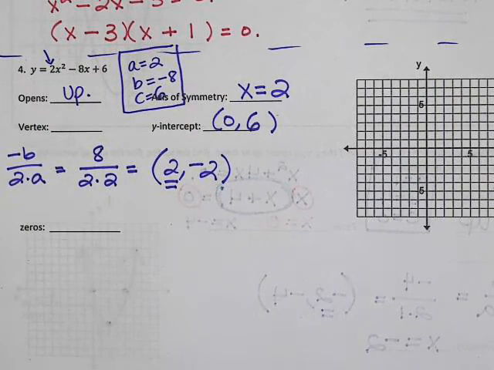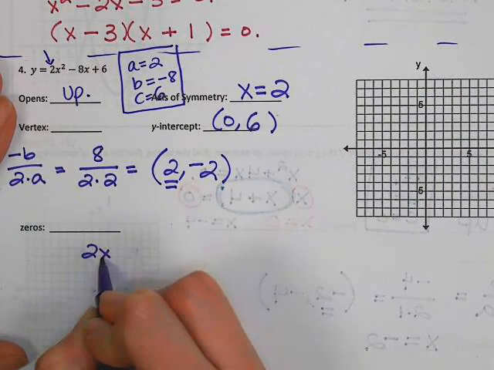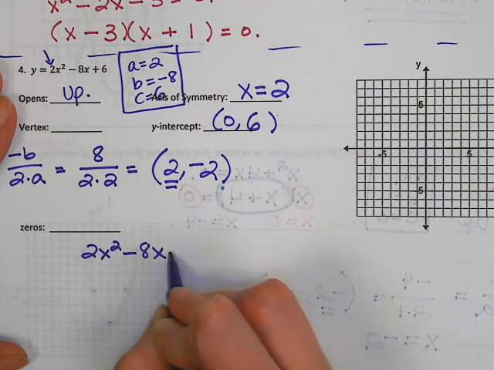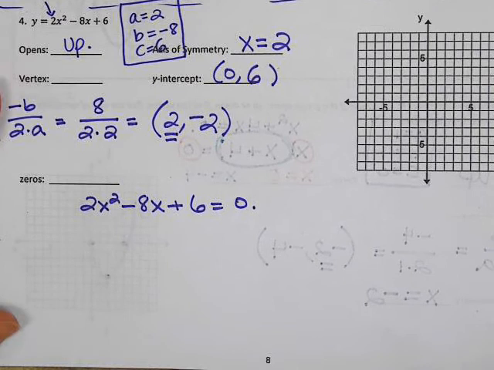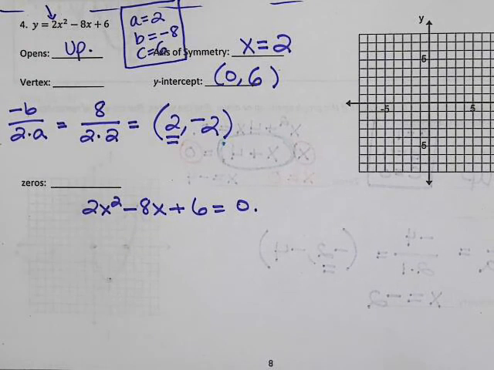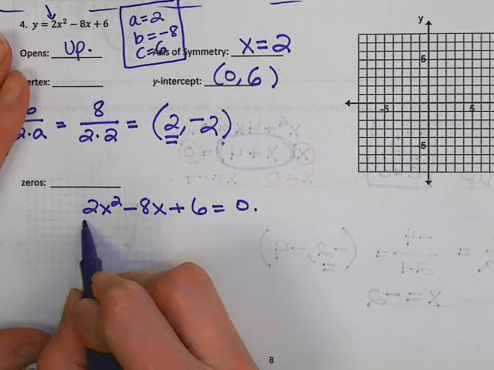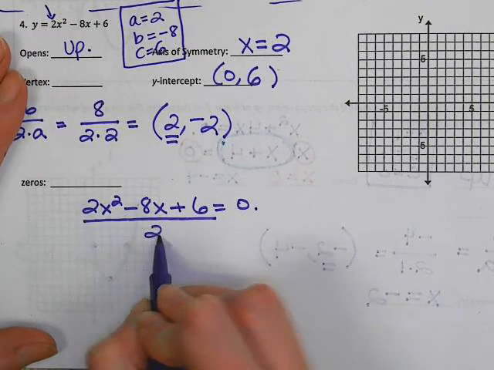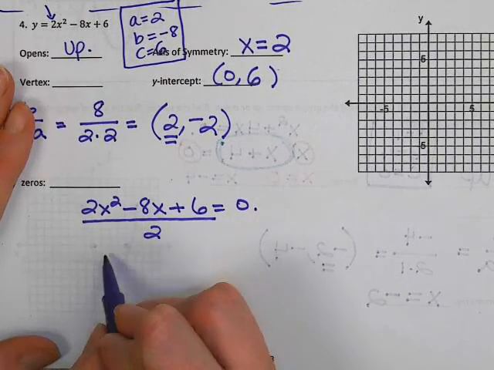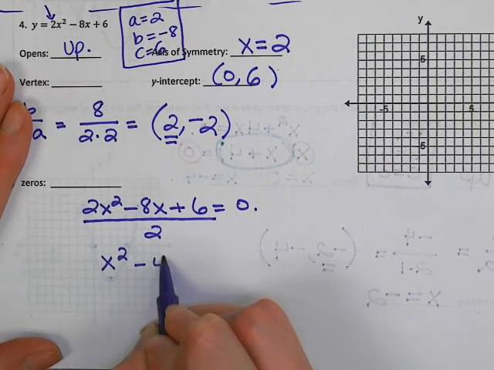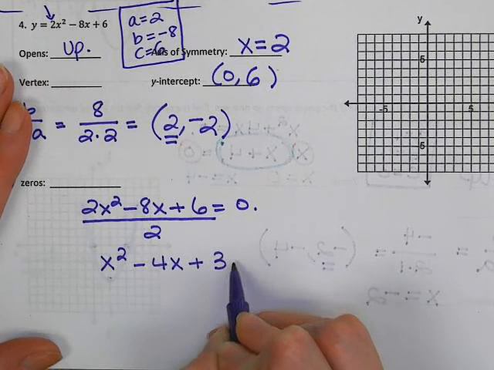And to find the zeros, we need to rewrite the problem and set it equal to 0. And now you need to factor. Factor and solve. All right, so to make this problem easier, I'm going to divide out a GCF of 2 first. So then I get 1x squared minus 4x plus 3 equals 0.